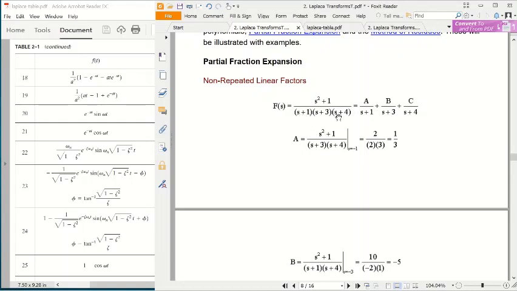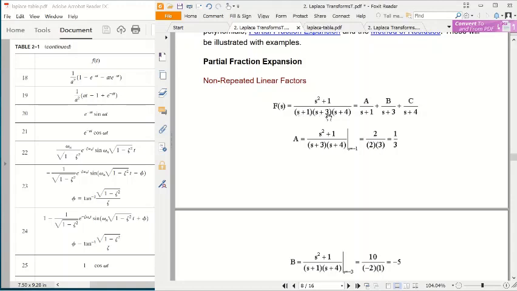The roots of the denominator are s plus 1 for the first, s plus 3 for the second, and s plus 4 for the third. So we break this into three fractions, and at the top we put A, B, and C. Later we're going to calculate the values of A, B, and C. For non-repeated linear factors this is quite easy, because all the roots here are non-repeated and not complex conjugates.